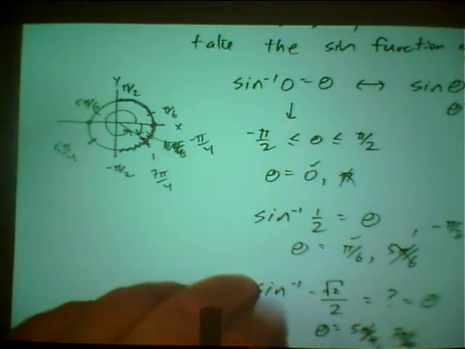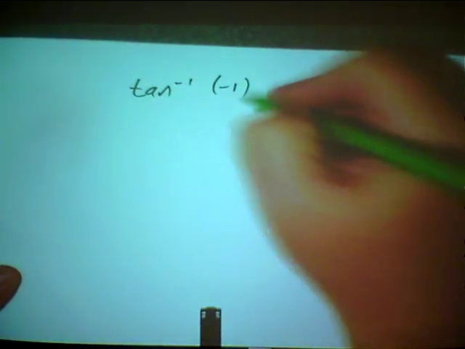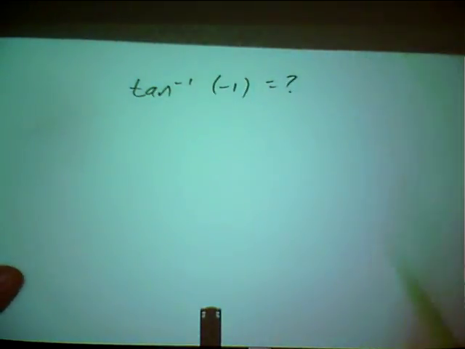Now let me quickly talk about the other inverse trig functions, inverse tangent and inverse cosine. Let me do tangent next, because tangent and inverse sine have the same limitation.